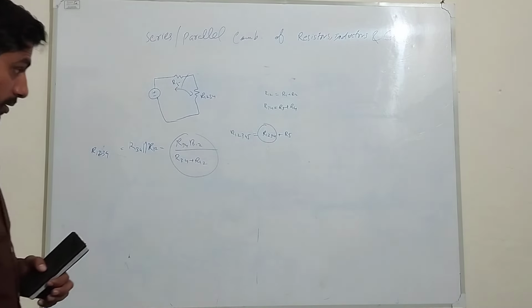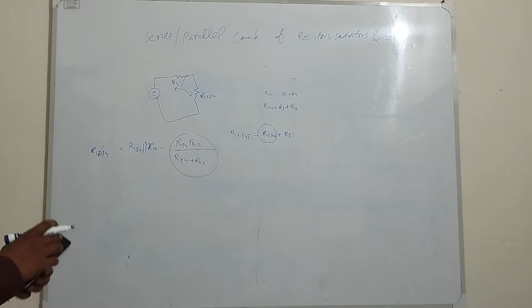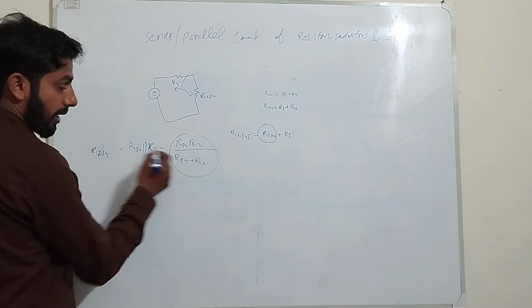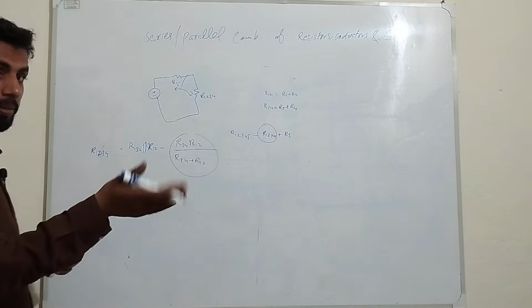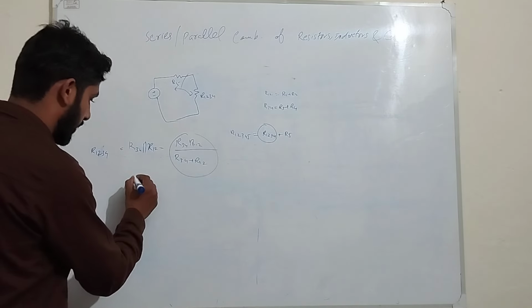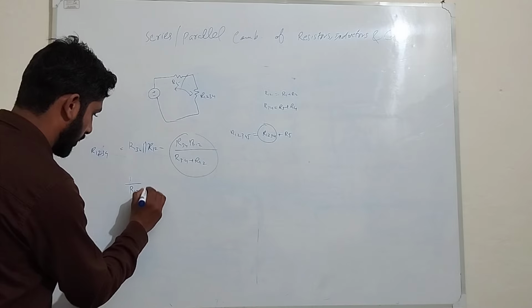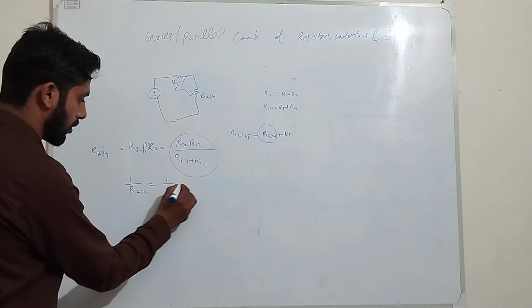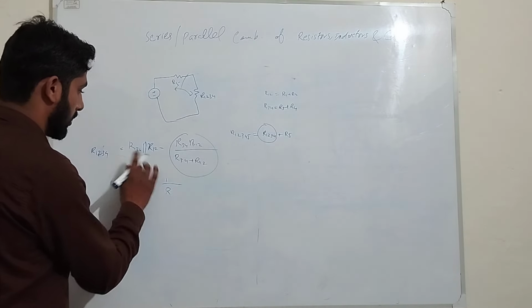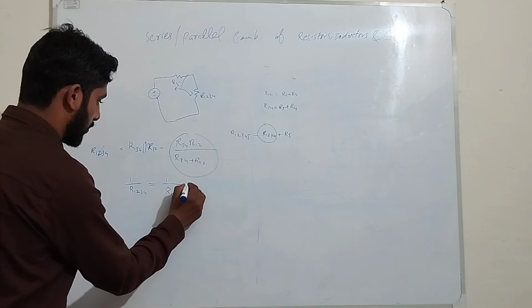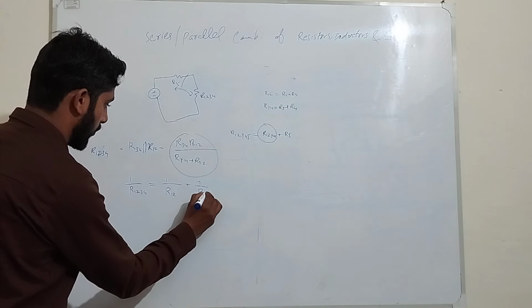Now another interesting point here is that the parallel combination is solved directly by formula, but previously I explained that you can solve it in this manner: 1 over R1234 is equal to 1 over R12 plus 1 over R34.